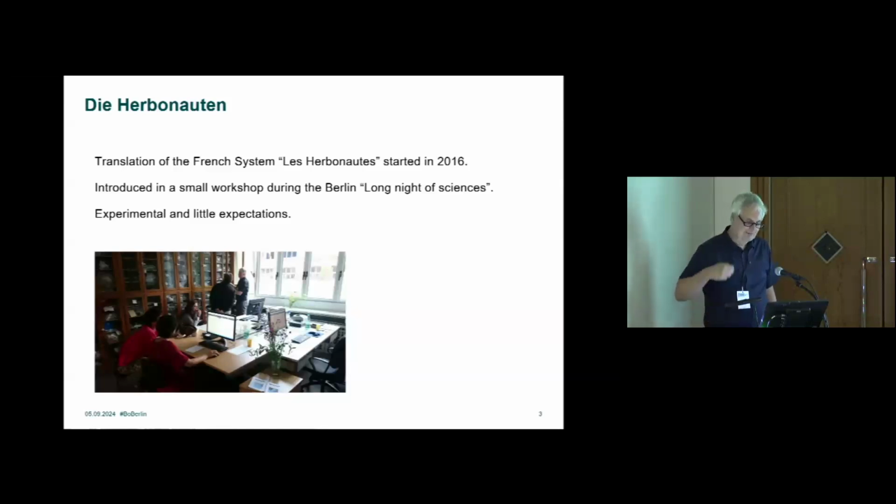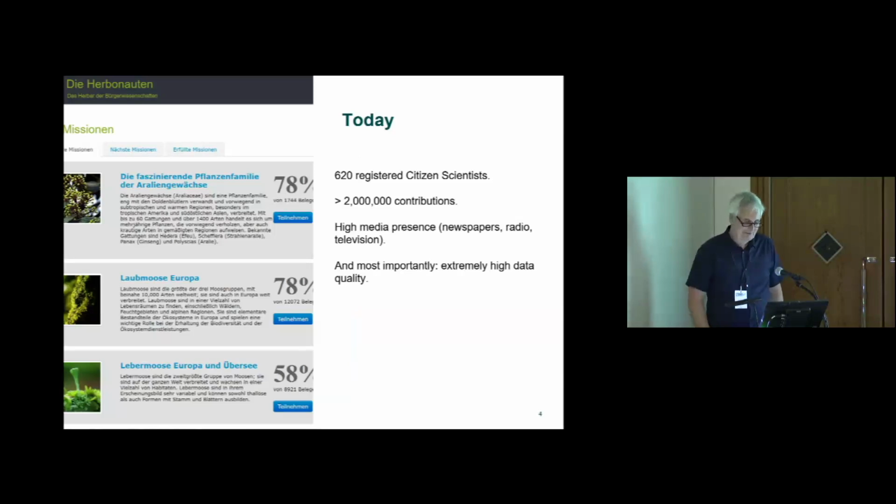Now, fast forward 8 years later, we have 620 registered citizen scientists who entered 2 million data contributions to the system. We have now a high media presence, so the public is interested. We have numerous newspaper articles, radio features, even several features on television.